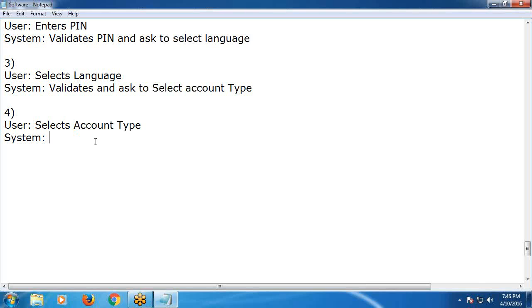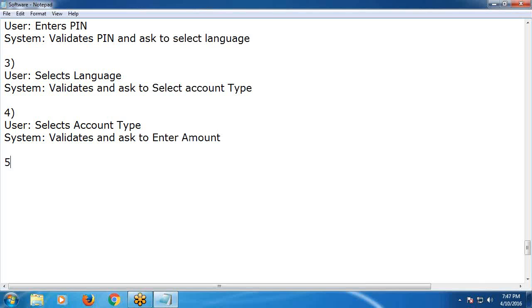What are the account types? Current account, saving account, etc. Okay, system validates and asks to enter amount.